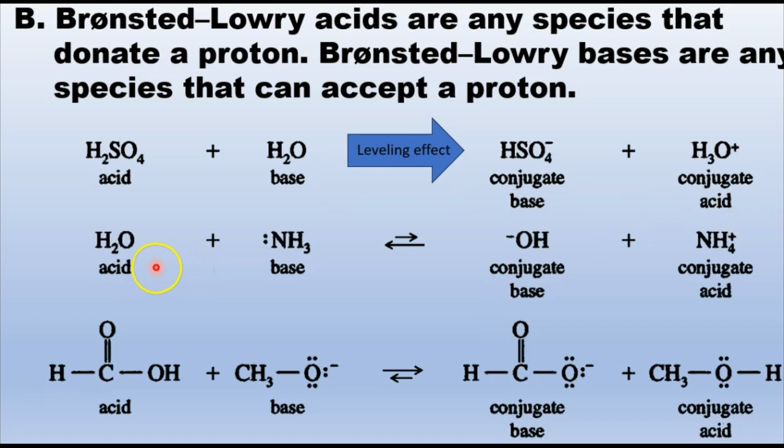So here is ammonia. And you see it has a lone pair of electrons which can accept a proton off of water, which gives us hydroxide and the ammonium cation.